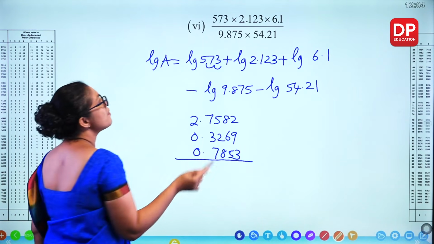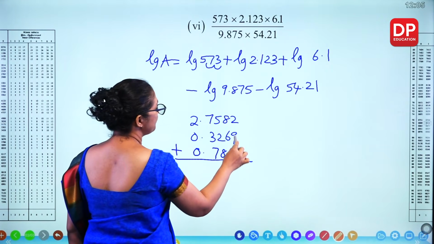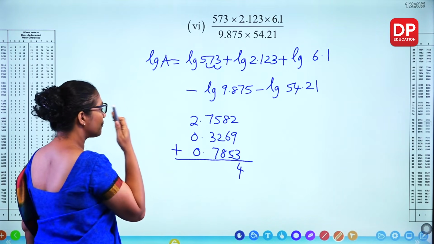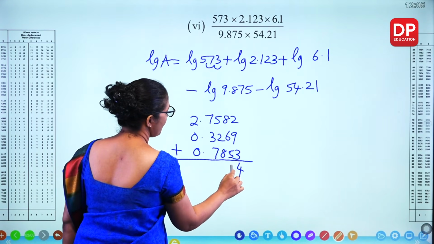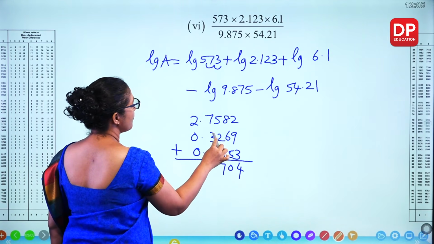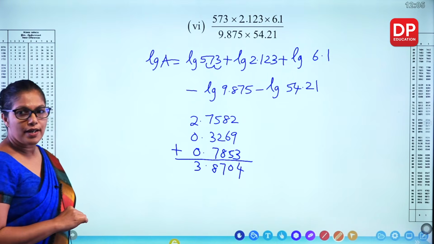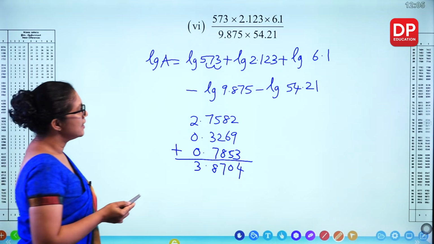So this is the numerator value, so we need to add these two together. 3.8704.